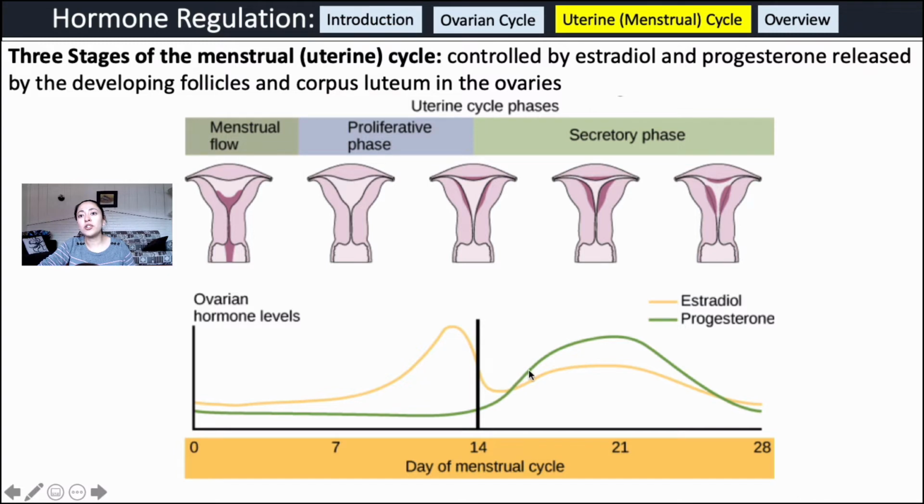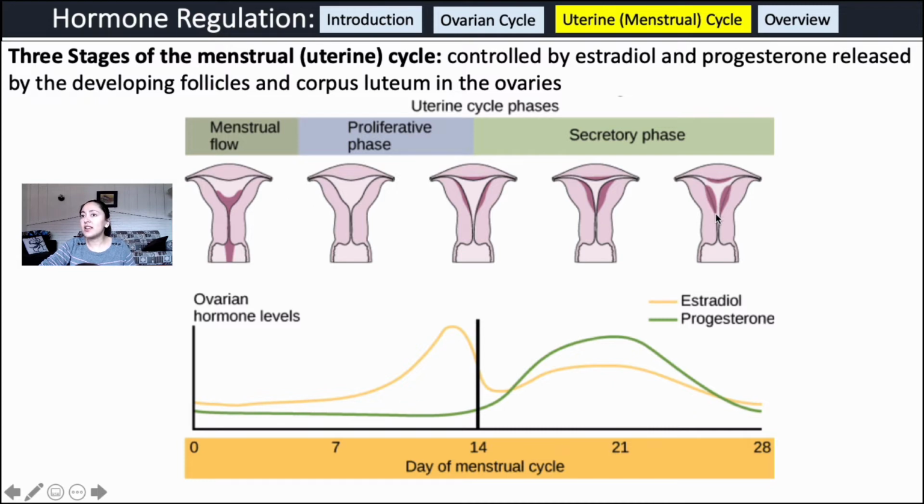And you can see the progesterone rising after ovulation has happened. This progesterone triggers the secretory phase in the uterus, where the uterine lining is becoming more vascularized, and it's also secreting a bunch of different nutrients in preparation for the fertilized egg to implant.